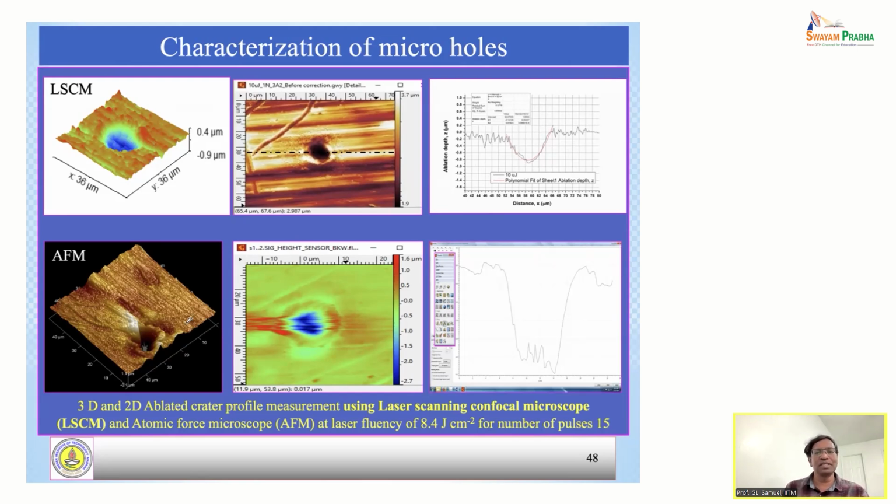So we went for AFM, the atomic force microscope. There will be a nanometer tip, and there are different methods of measuring. One is called the tapping method, another contact.